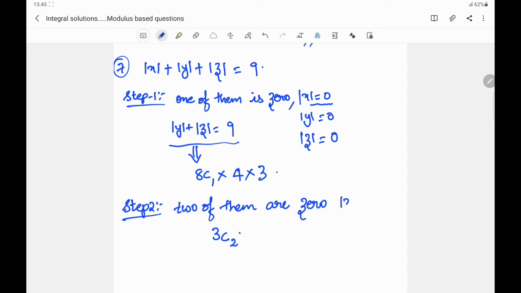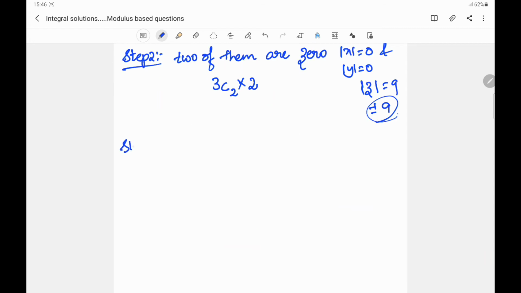Say modulus of x is 0 and modulus of y is 0. I will be left with modulus of z equal to 9. So it can take plus or minus 9, which is two values. Now step 3: none of them are 0.